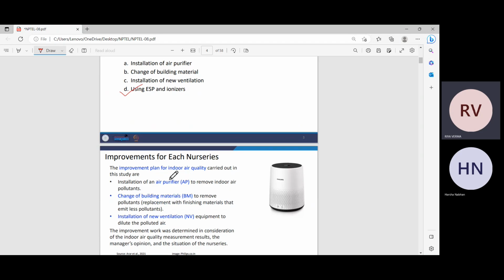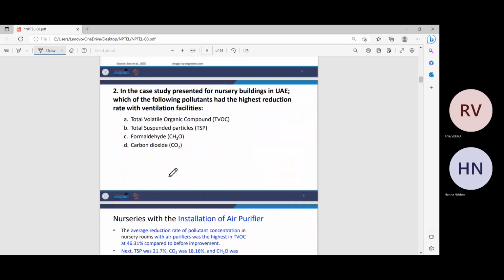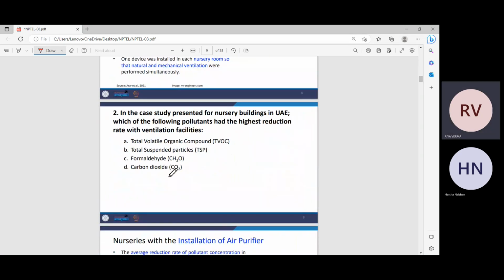Now, coming to the next question. In the case study described above, the nursery buildings in UAE, which of the following pollutants had the highest reduction rate with the ventilation facilities?